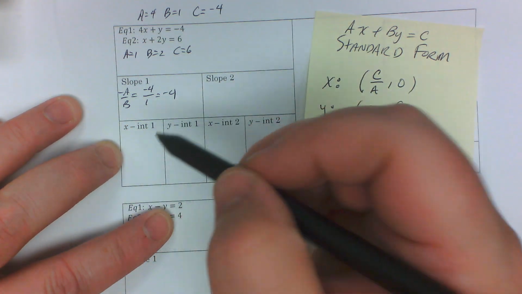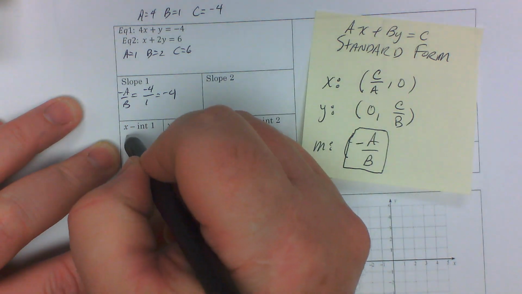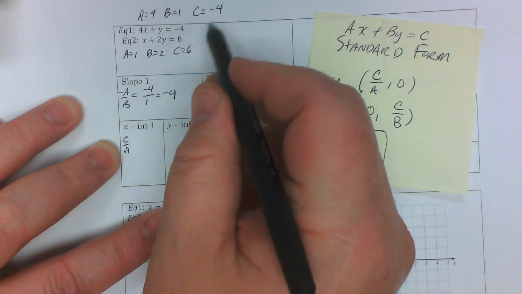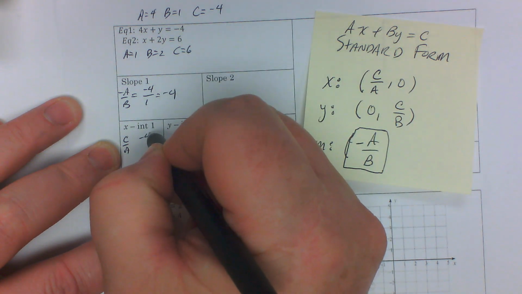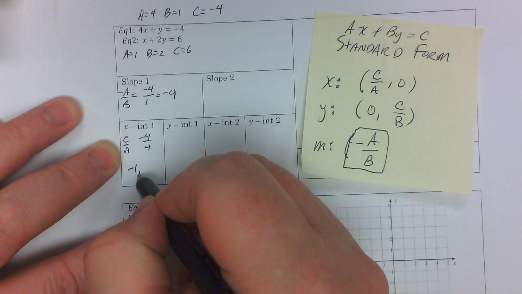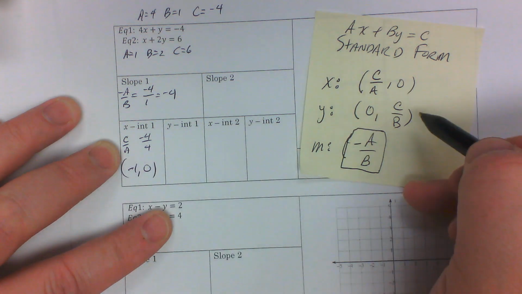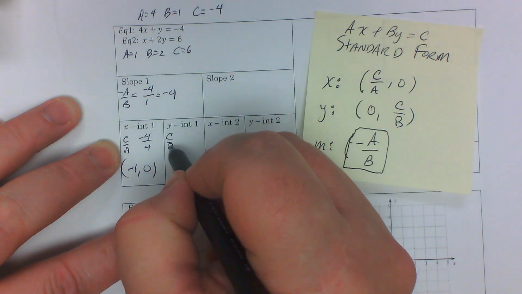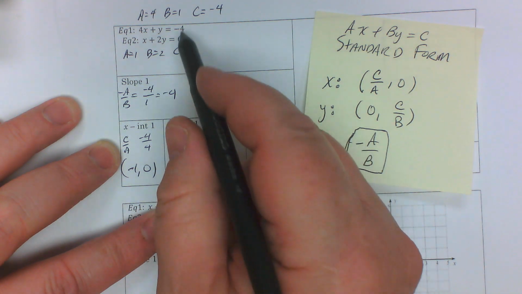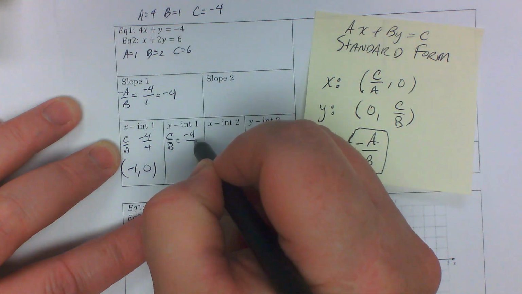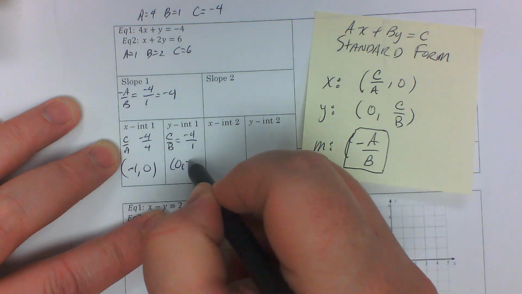All right, let's do our x-intercept, c over a, so that's -4 over 4, which is -1. All right, now let's do our y-intercept. Our y-intercept is c over b. So it's going to be -4 over 1, -4.